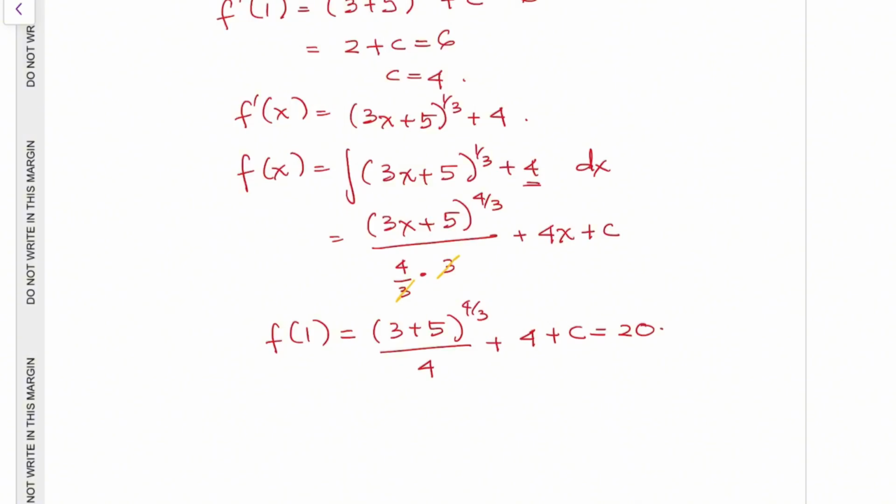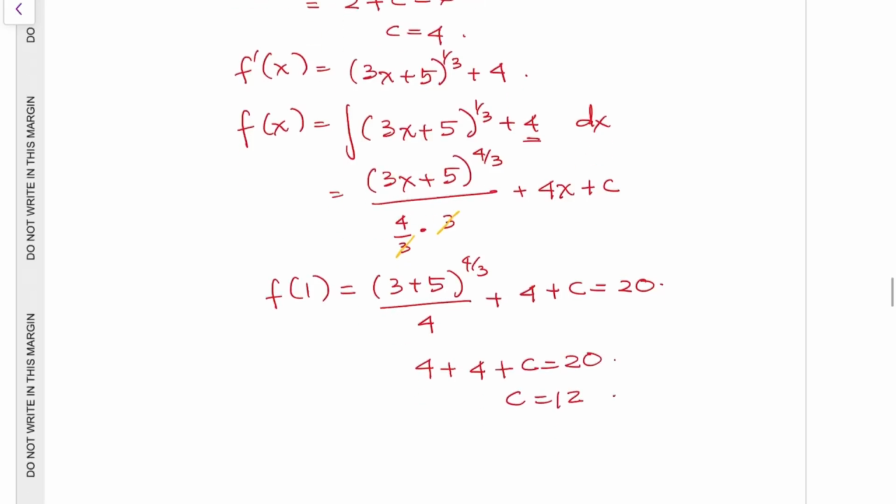Finding this value, then you should be having 4 plus 4 plus c is equal to 20. Therefore, your c is equal to 12. So you have got the expression for f x with your c equal to 12, which is (3x + 5) to the power of 4 over 3, over 4, plus 4x plus 12.